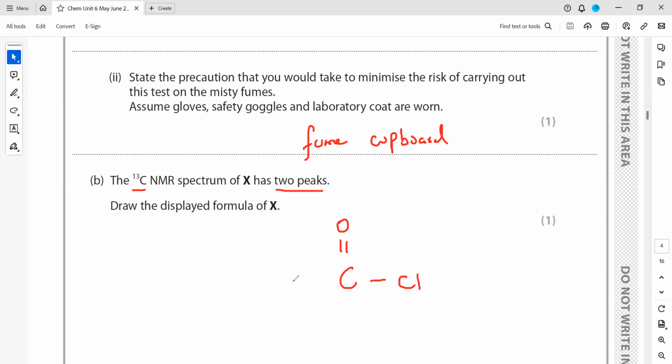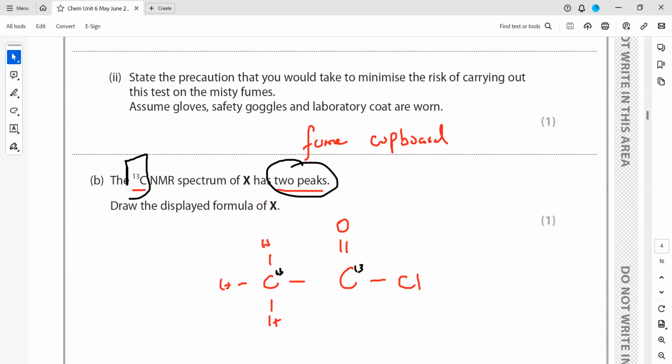This is one carbon, so there should be another carbon, and the two carbons have different environments. This carbon 13 environment is different from this carbon 13 because their surroundings are different. The number of peaks shows how many carbon environments there are.